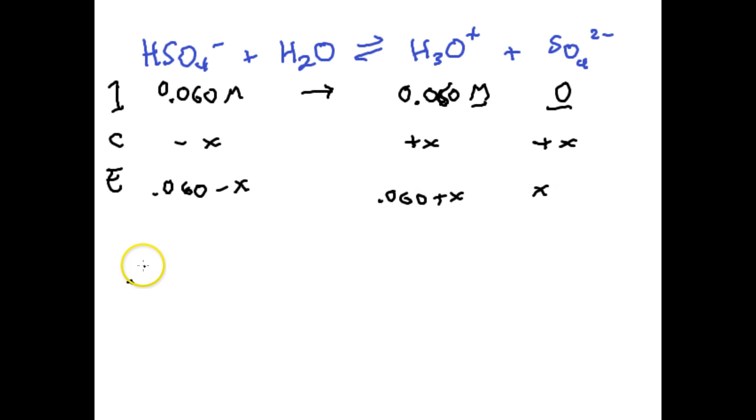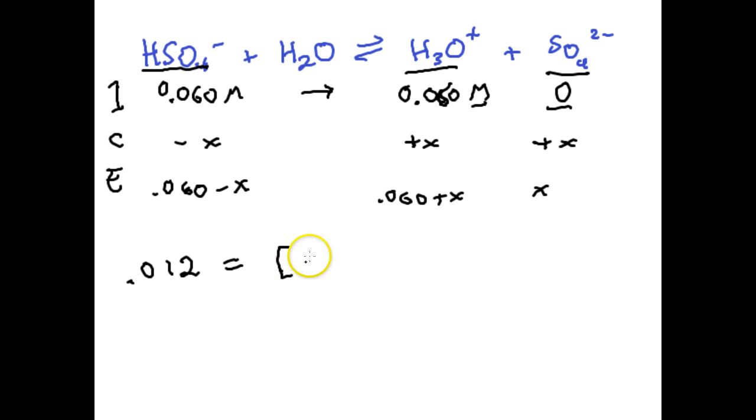Now they give you the Ka, which is 1.2 times 10 to the minus 2, and Ka equals H3O plus times SO4 2 minus divided by HSO4 minus.